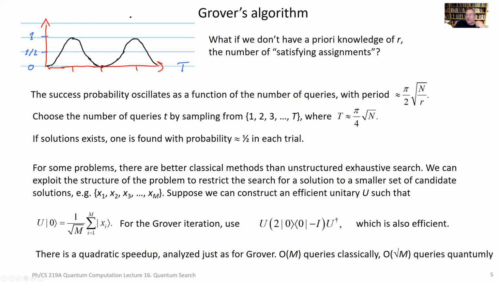And because the average of the square of a sine function is 1/2, what that means is that averaged over the choice of the sampled number of queries, our probability of success is going to be 1/2. And so each time we have a pretty good chance of finding a marked state. If we find it, we can check that it's right because we just evaluate the function one time to be sure.